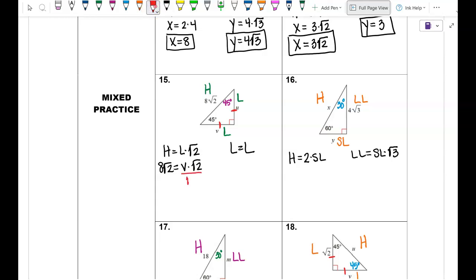To get v by itself, I have to divide both sides by radical 2, which gives me v equals 8. Leg equals leg, so u equals v, but again, we just found v was 8, so we can substitute that in over here to get that u also equals 8.